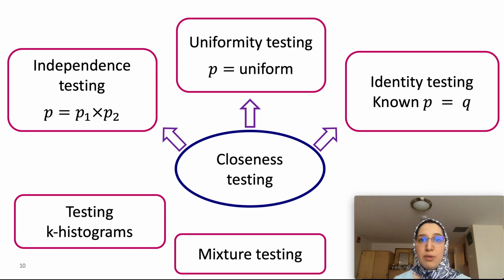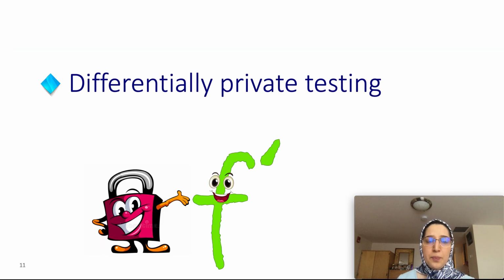So basically, if you have two marginals, P1 and P2, testing independence is just testing the equality of two distributions: P and the product of P1 and P2. Also, testing histogram and mixture testing are also relevant, which I'm not going to explain in detail here.